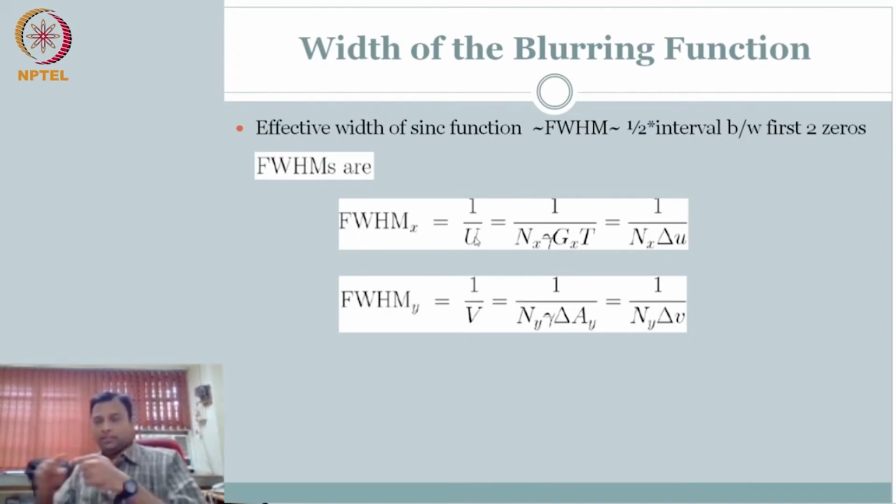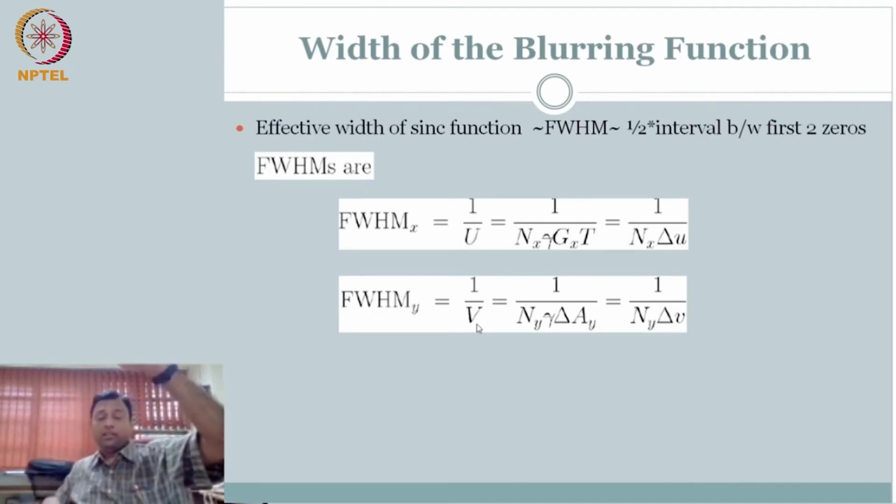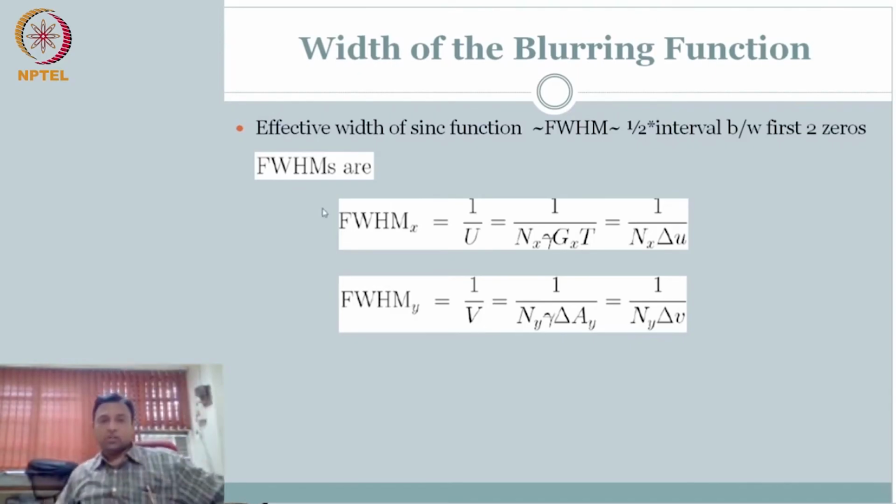What is this u? This is the extent in u direction. What is this capital V? Extent in frequency domain in v direction. So now you see full width half maximum is 1 by u. Substitute for u, you get N x delta u.